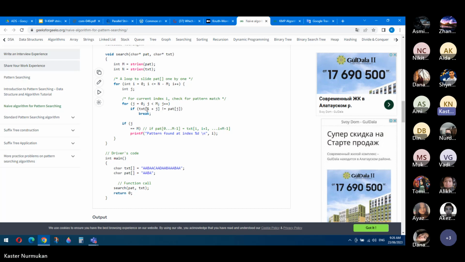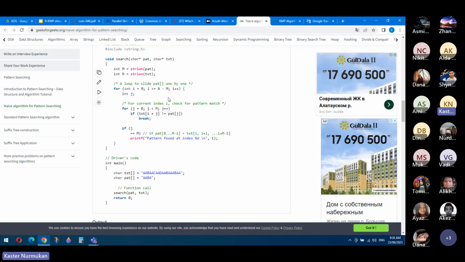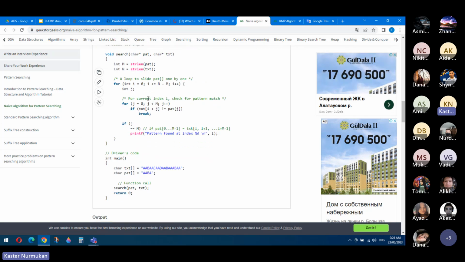So for example, I is 0 and J is 0, right?